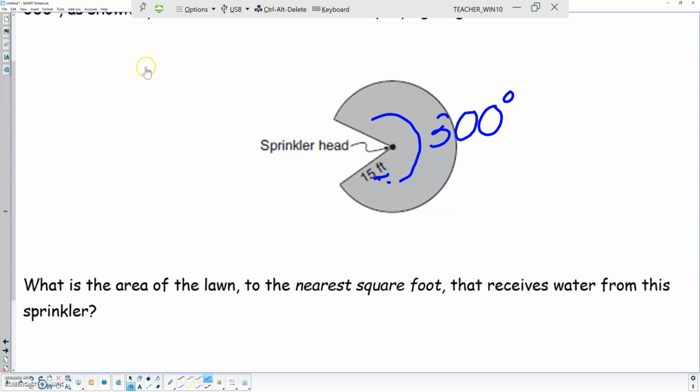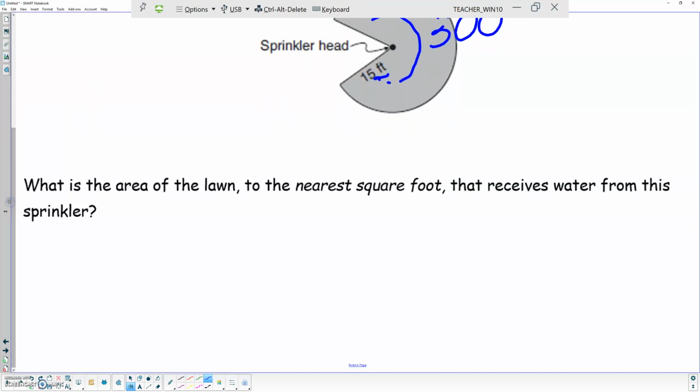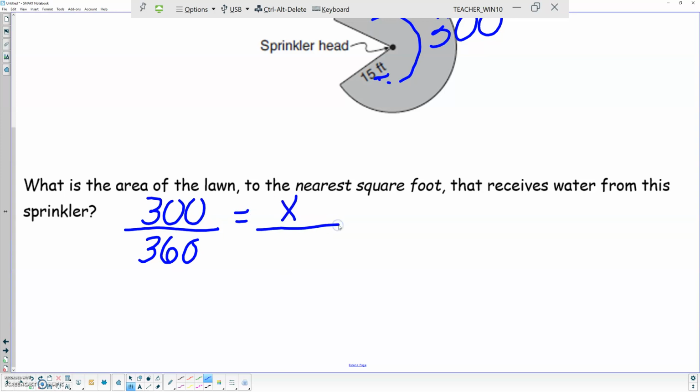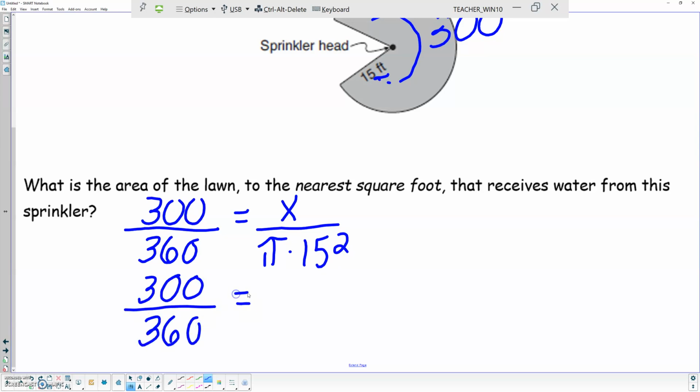Again, we're going to set this up as a proportion. So we're going to do 300 over 360 equals the area of the sector, which is what we're trying to find, over pi times 15 squared. So we get 300 over 360 equals x over 225 pi.